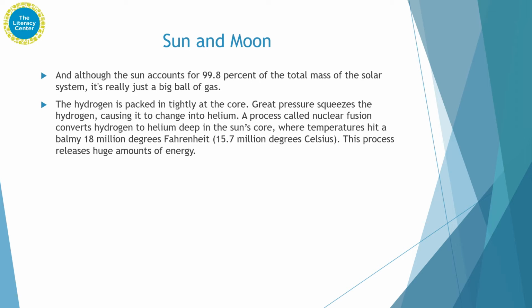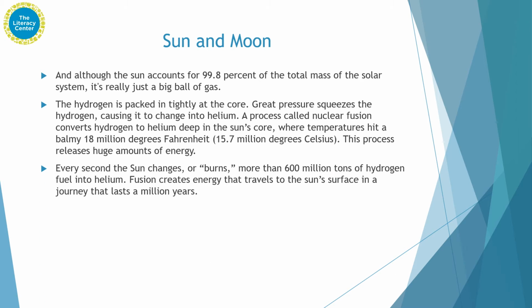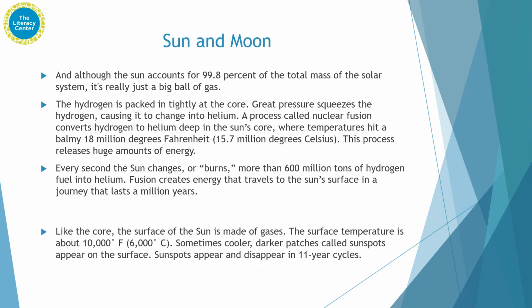This process releases huge amounts of energy. Every second the Sun burns more than 600 million tons of hydrogen fuel into helium. Fusion creates energy that travels to the Sun's surface in a journey that lasts 1 million years.